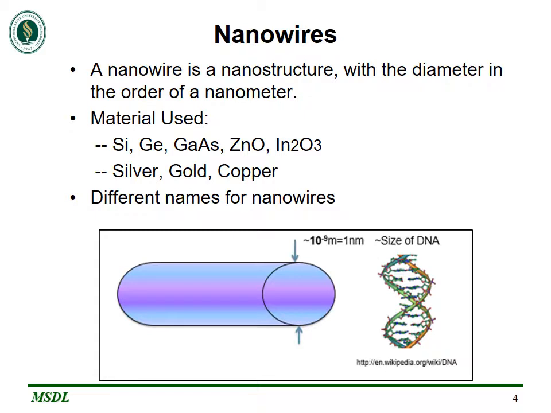Materials that can be used to make nanowires are silicon, germanium, gallium arsenide, zinc oxide and indium oxide. And there are a few other semiconductor materials that can also be used to make a nanowire. The metals that can be used to make nanowires are silver, gold and copper.